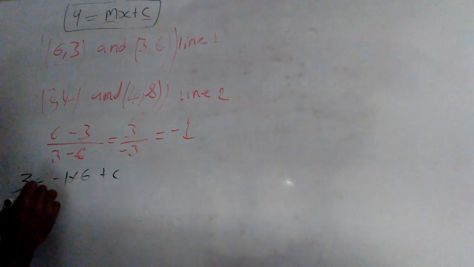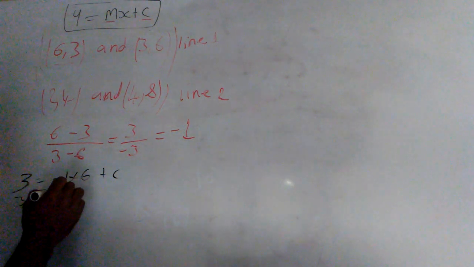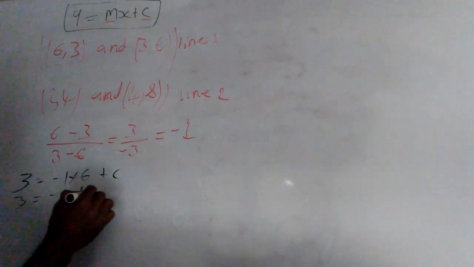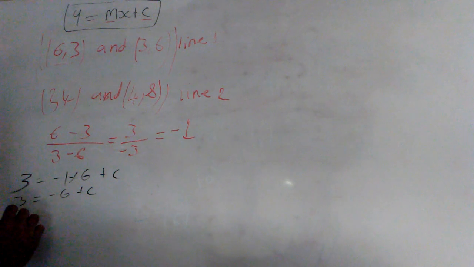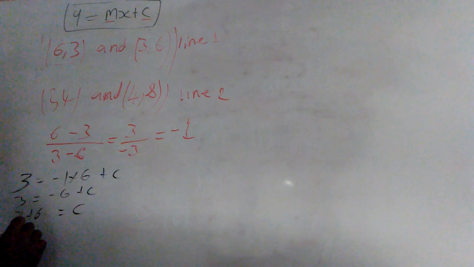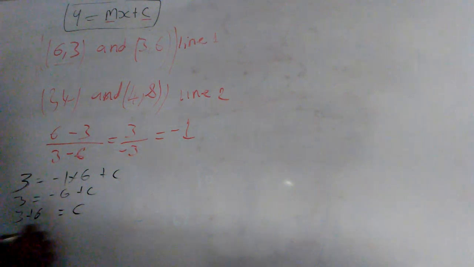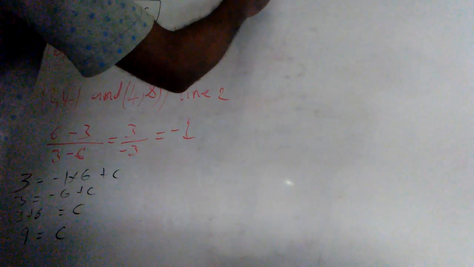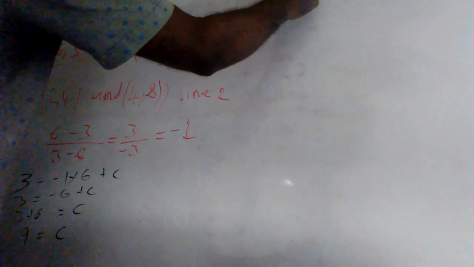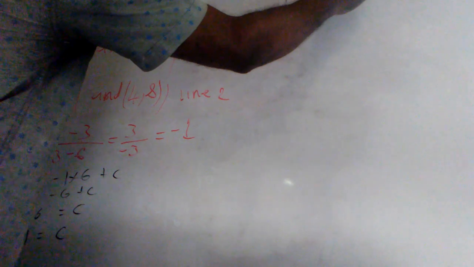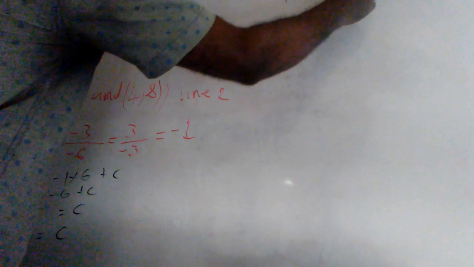So 3 equal negative 6 plus c. So 3 plus 6 would be equal to c. So 9 would be equal to c. So we can go ahead and write line 1 over here. And the equation would be y equal negative x plus 9.